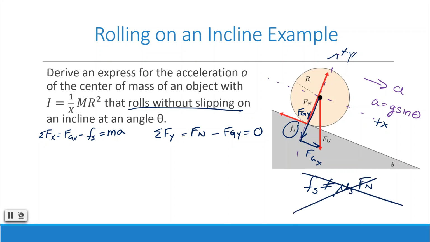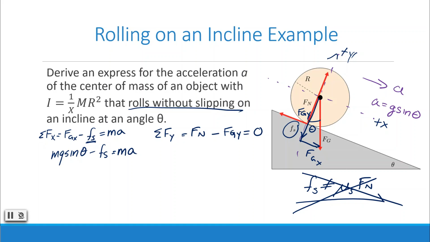So I can't use that equation to solve this problem. So Fs cannot be substituted with mu Fn. Now, FGx is going to be mg sine theta like normal, because that's our angle theta. FGx is the opposite side. So mg sine theta minus Fs is equal to m times a. So Fs cannot be found using this equation. So I need to find another way to find my friction force.